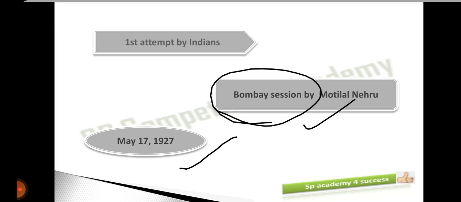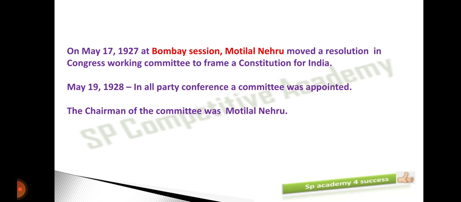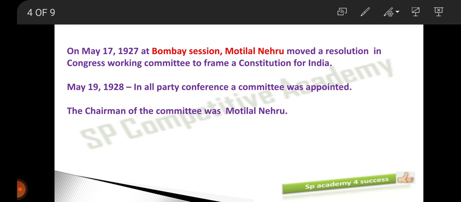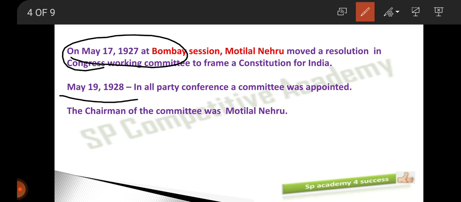In the Mumbai session itself, on May 17, 1927, he moved a resolution in the Congress Working Committee to get a constitution for India. Then after 1 year, the step was moved forward: on May 19, 1928, in the all party conference, a committee was appointed.